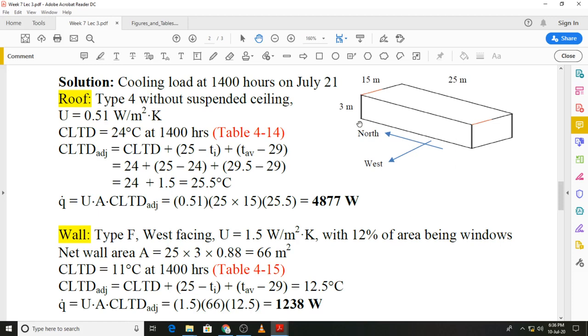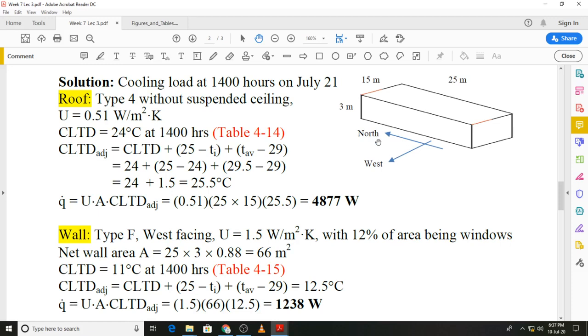So in the figure you can see the 25 meter by 3 meter wall is the one that is facing the west direction, and in this wall we also have windows which take up 12% of the wall area. That means the net area for the wall through which the conductive heat gain will take place will be 88%.